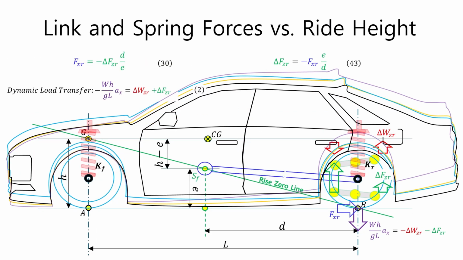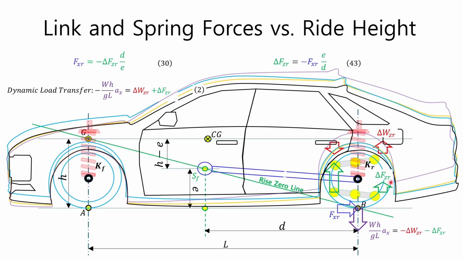Let's summarize the relationship between link force, spring force, and ride height. To calculate the rise and pitch angles, the first step is to calculate the force, delta FZR, which is generated in the rear suspension link where the brake wheel is located.